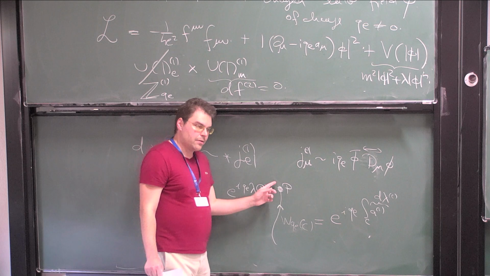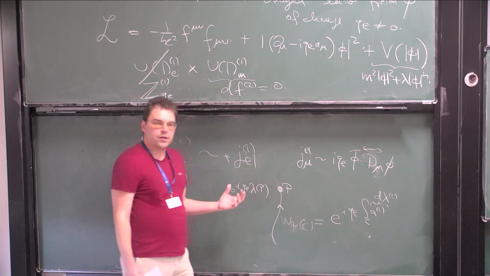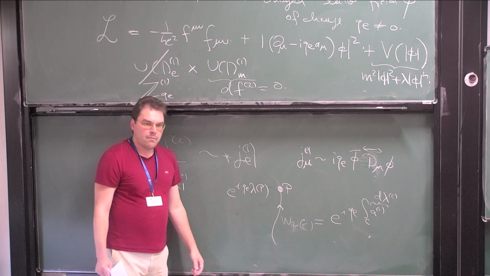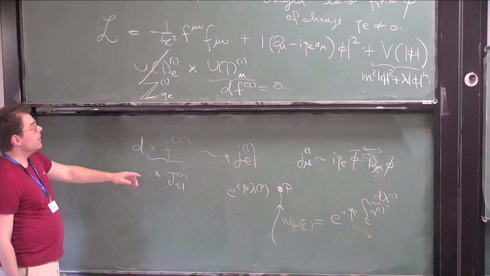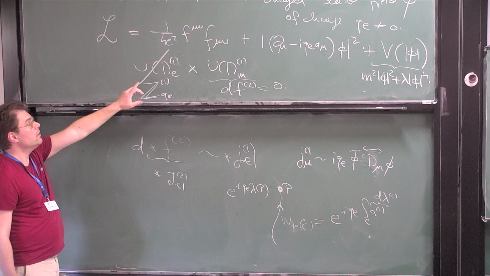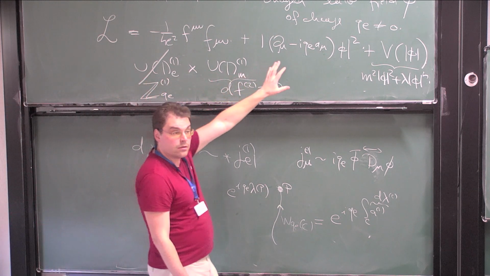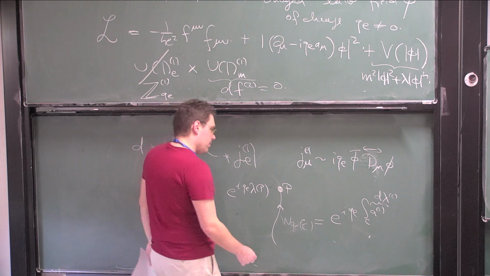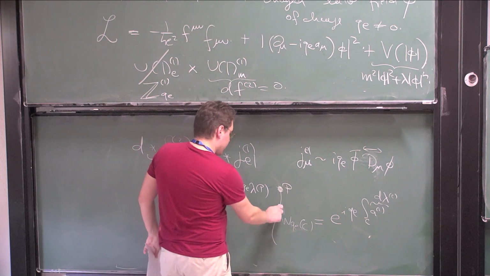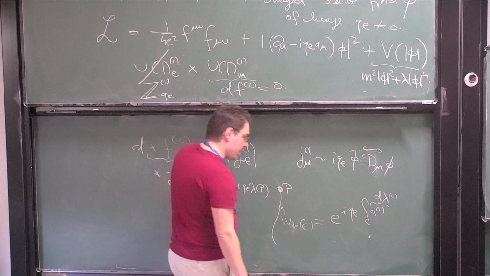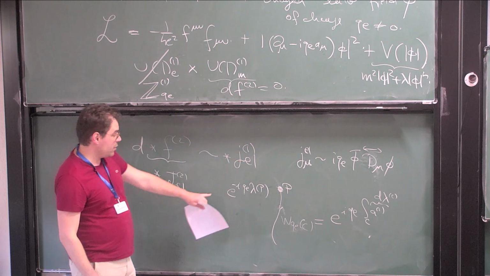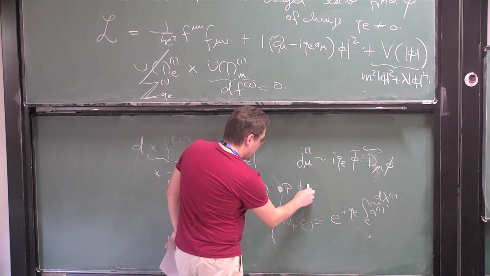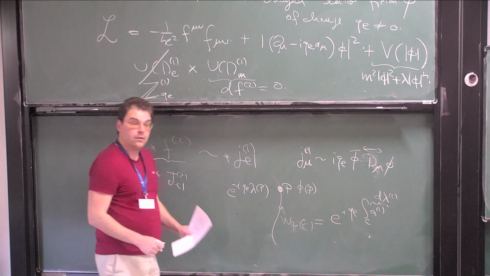Now, in pure Maxwell theory, there is no electrically charged field at all, of any charge, so this endpoint doesn't exist. But in our theory, there is an electrically charged field precisely of charge QE. So maybe I want to reverse the orientation of the line in such a way that this becomes a minus sign. And when I do that, I can multiply this open Wilson line with the charged field at the same point.